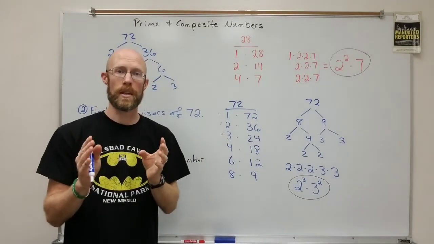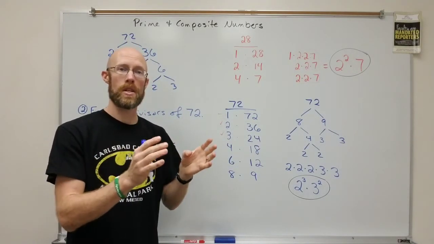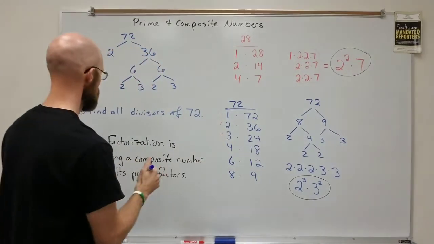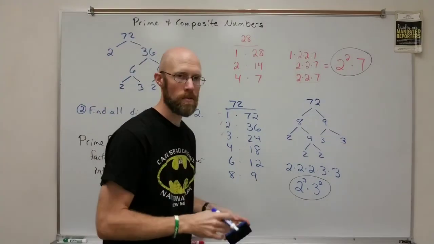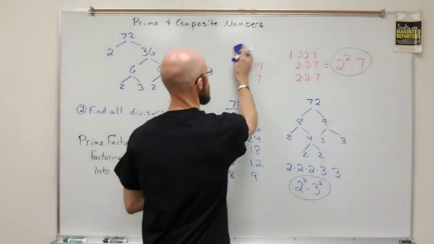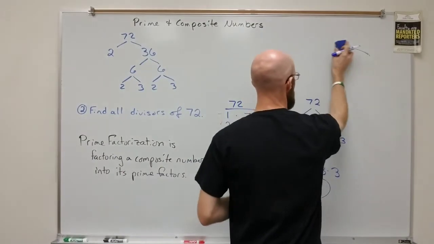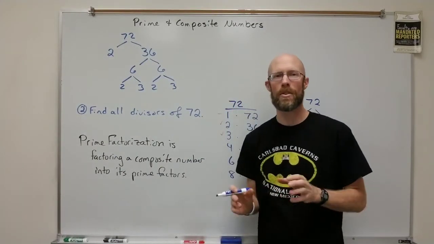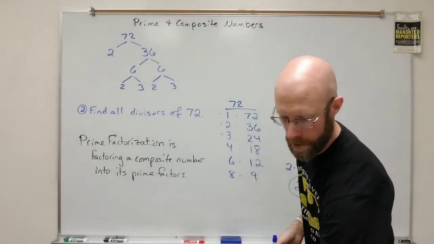So for any given composite number, the prime factorization is unique, all right? So that is a very, very important theorem. In fact, it is given a name called the fundamental theorem of arithmetic, okay?